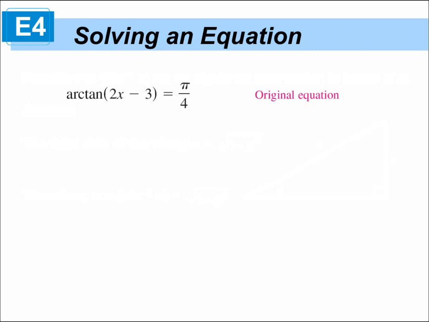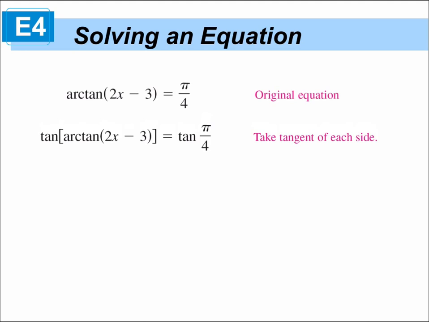You take the tangent of both sides. Why? Get rid of the inverse, because taking the tangent of the inverse will cancel out. What's the left side become? 2x minus 3. What's the right side become? 1, because the tangent of 5 over 4 is 1.